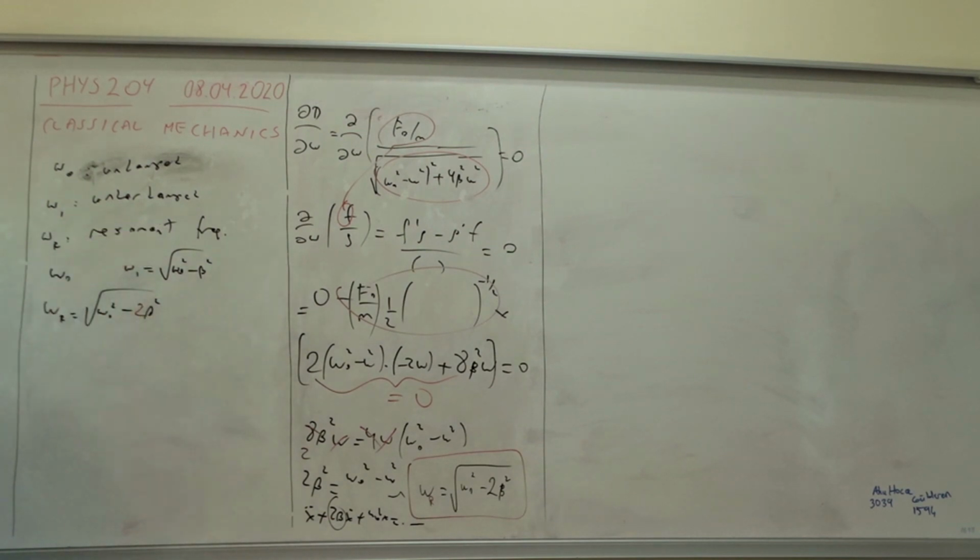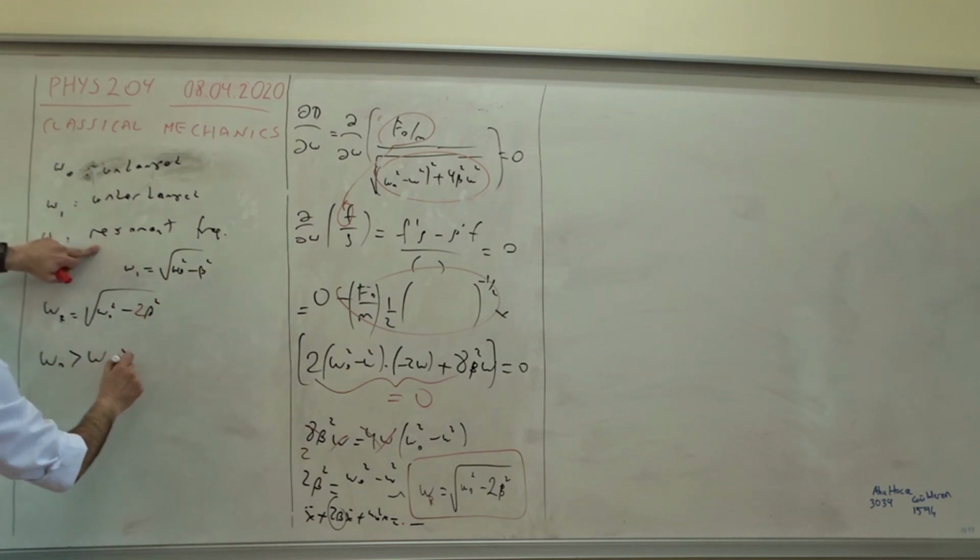So if you put them in decreasing order, the greatest one is ω0, the next one is ω1 for the underdamped case, and next comes the resonant frequency.